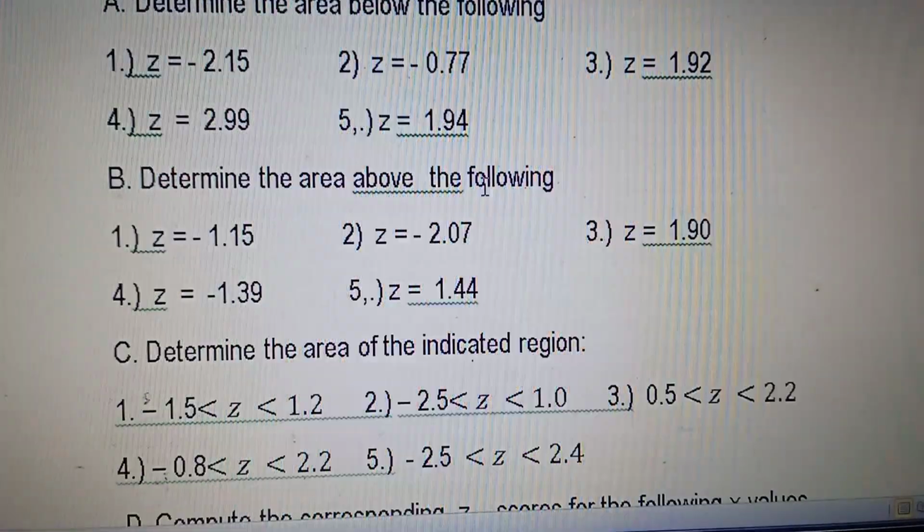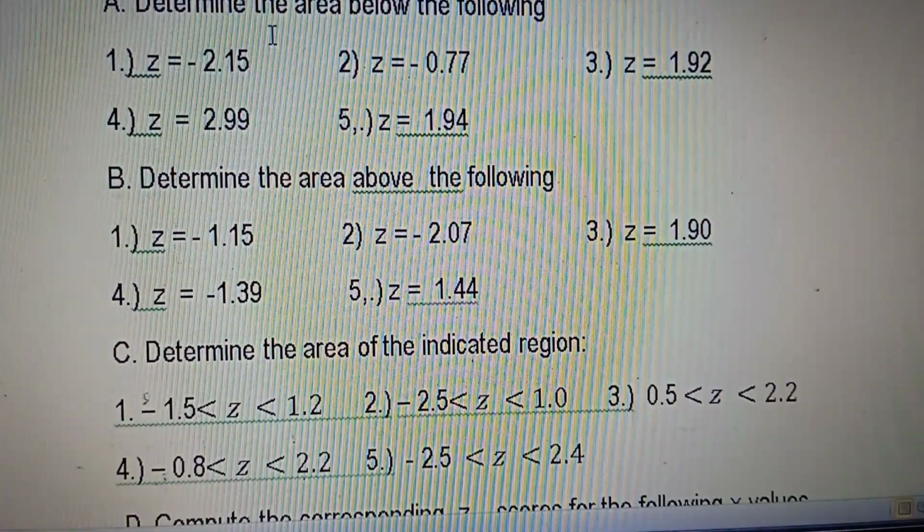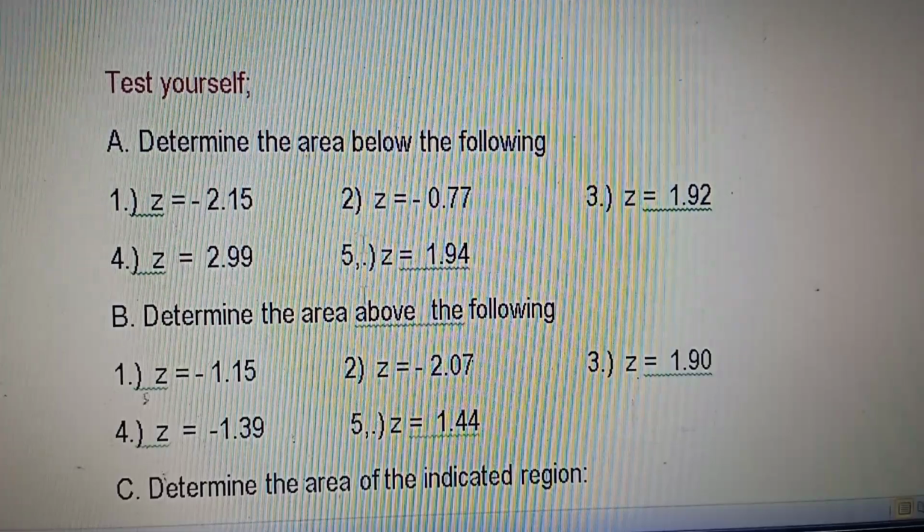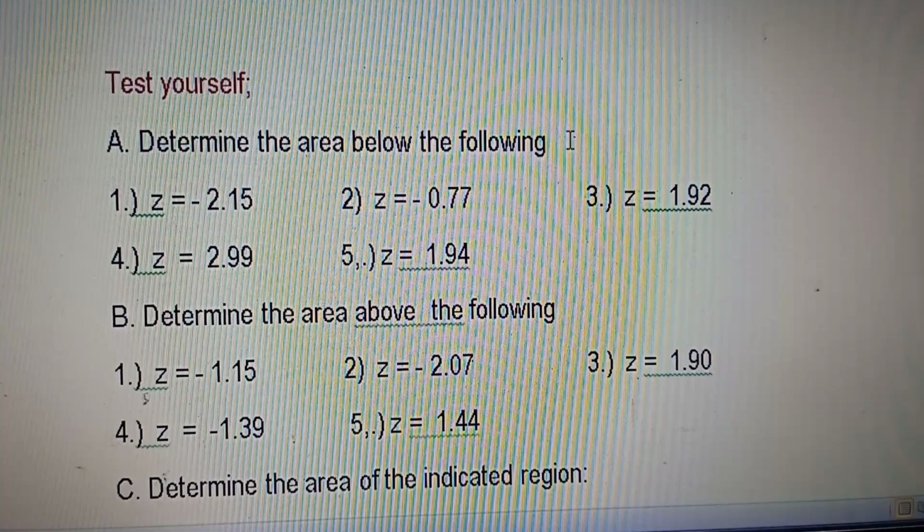Okay, so I am giving a test for you to answer. So this is test yourself. Letter A, determine the area below the following Z values. Number 1, Z equals negative 2.15. Number 2, Z equals negative 0.77. Number 3, Z equals 1.92.